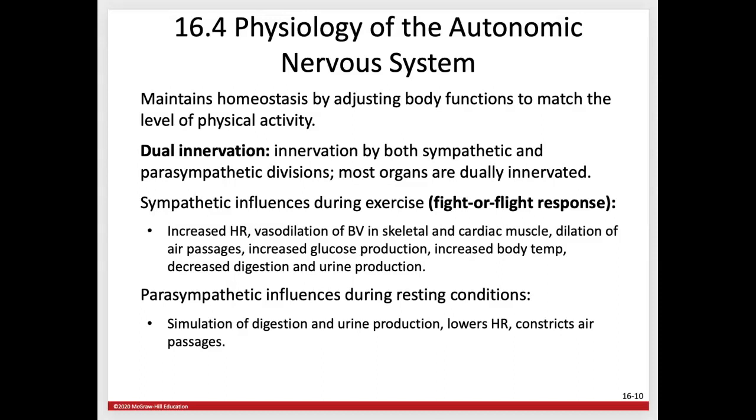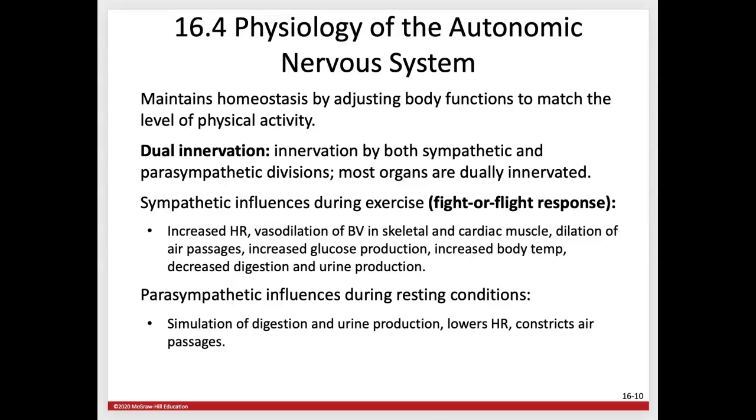It will dilate your air passages so we can get more air into the lungs and transfer more oxygen through. Increase in glucose production, so it will suddenly release stores of glucose, so we have that glucose to break down to make ATP, to be able to run away from the bear. And increase in body temperature, decrease in digestion, decrease in urine production.